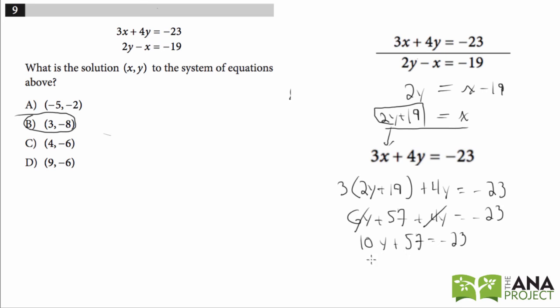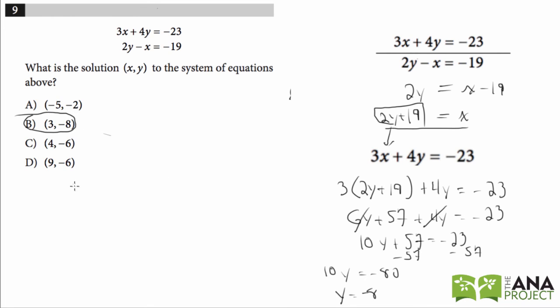If we subtract 57 from both sides, 10y equals negative 80, y equals negative 8.